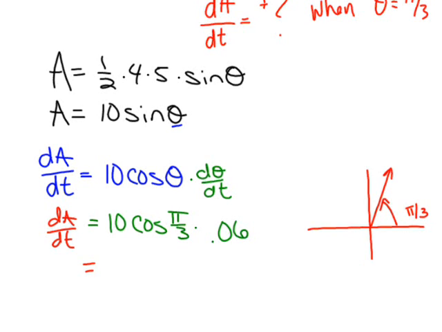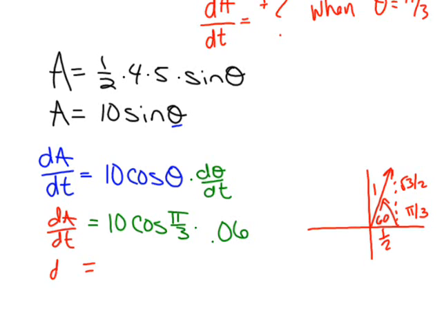So some of you that aren't as comfortable with radians are a little bit more comfortable with degrees. 60-degree angles. If I drop down my triangle, opposite 60 I know is root 3 over 2. Adjacent to 60 is 1/2, and my hypotenuse is 1. So if I look at cosine of pi over 3, I am looking at 1/2.